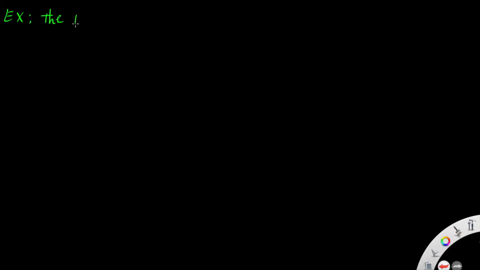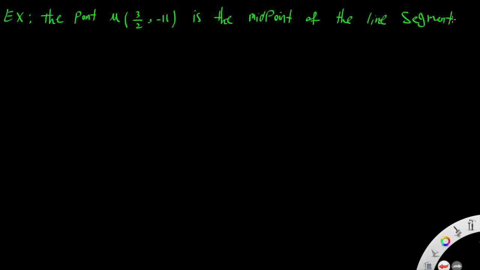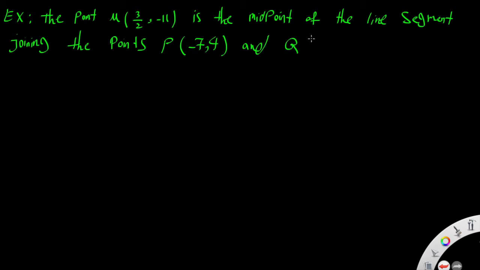The point M with coordinates 3 over 2 and negative 11 is the midpoint of the line segment joining the points P, with coordinates negative 7 and 4, and Q with coordinates a and b. Now find a and b.